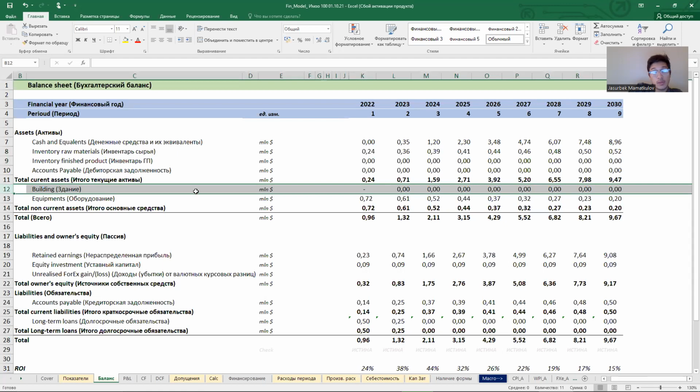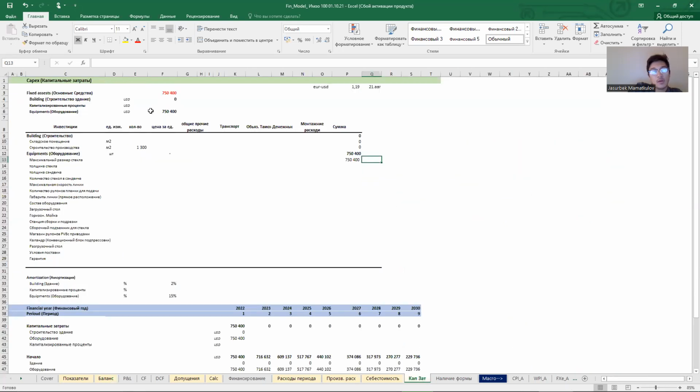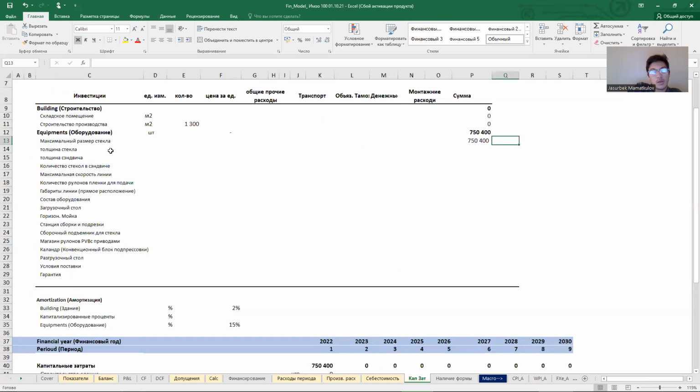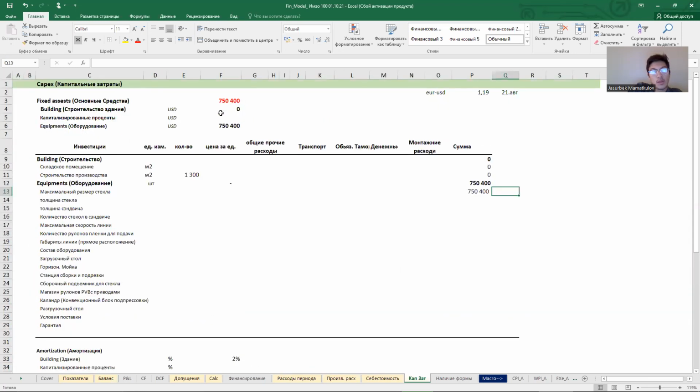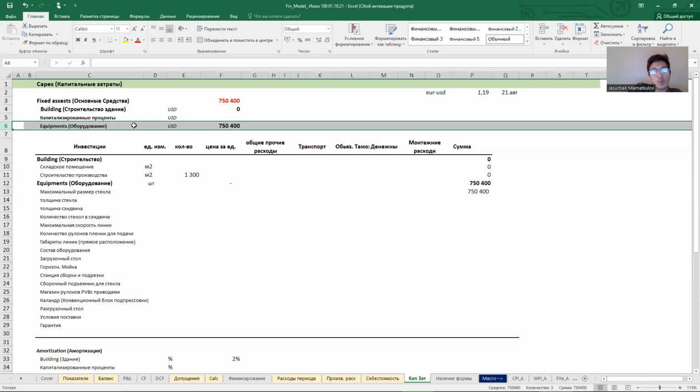Here we have building and equipment. I didn't put anything here for the building. It's coming from capex. If we look here, we got 750,000, because we put an amount only for equipment.